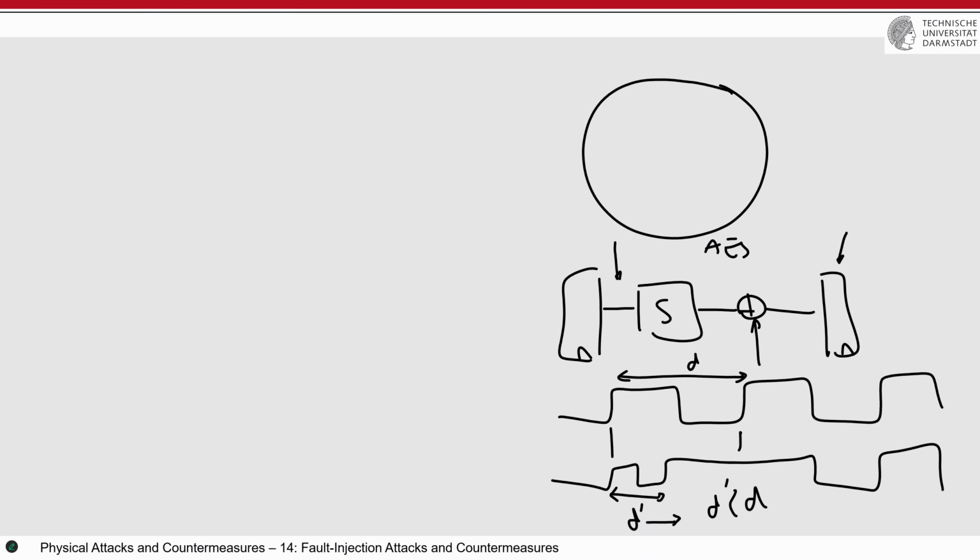For example, with a few software texts, this is faulty. Then you can calculate this backwards again, and then only for faulty values. And you don't need the faulty value. You just need to consider for which fault-free software texts, when you inject the clock glitch, the value of here will be faulty, and you consider that fault-free value.